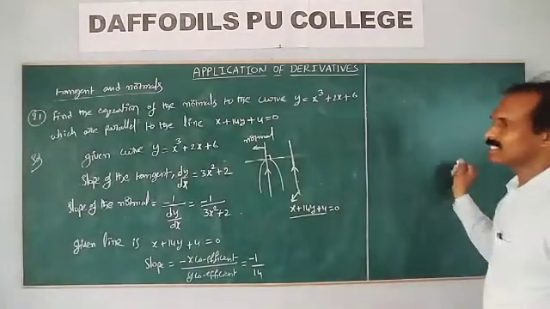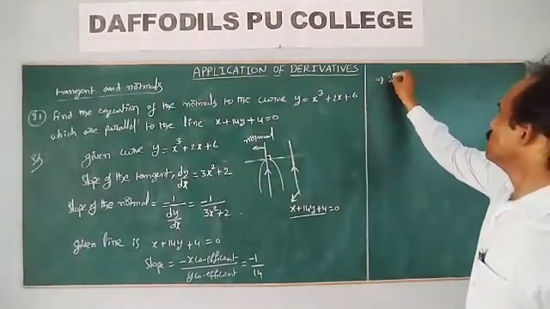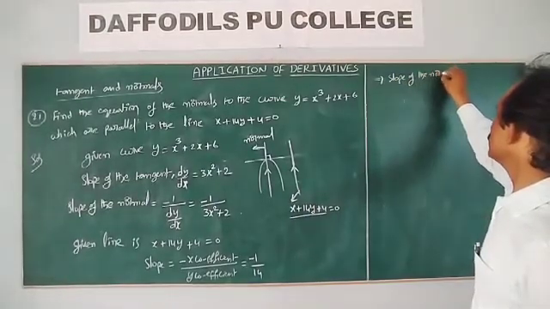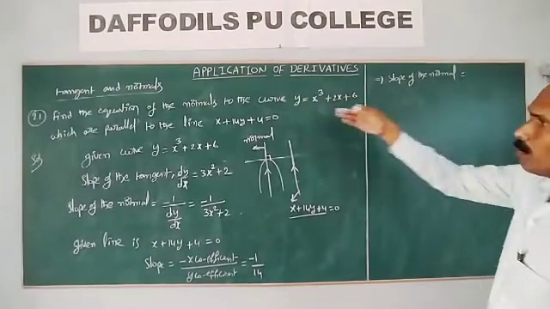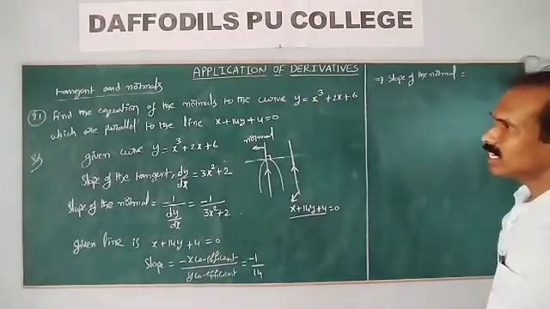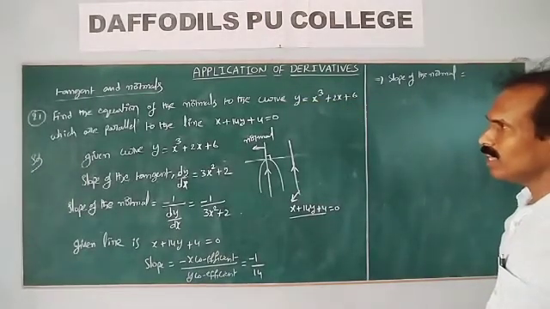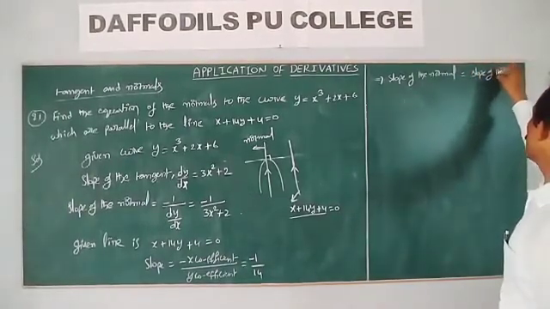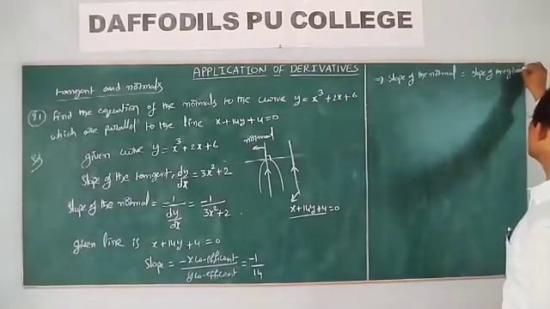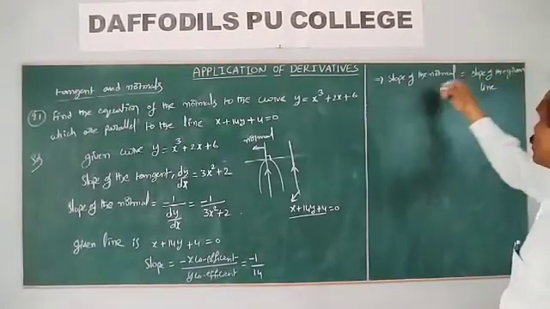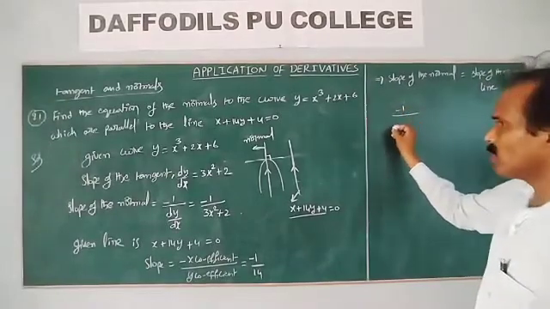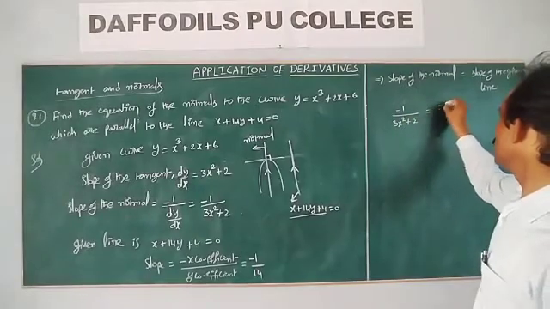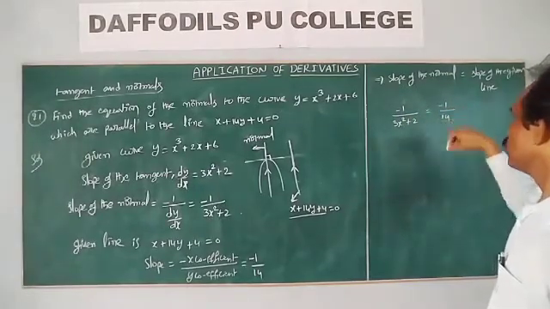That implies the slope of the normal is equal to, by the condition, since the normal is parallel to the line, the slope of the given line. Slope of the normal, minus 1 by 3x square plus 2, is equal to minus 1 by 14.